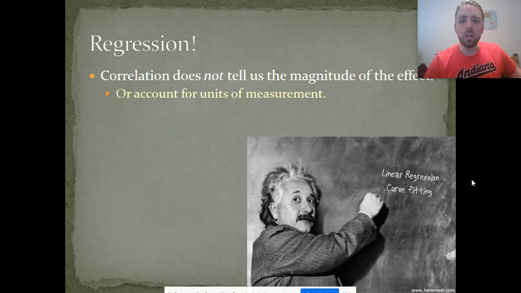Okay, so regression. What is the magnitude of the effect? Okay, well, we can say whether it's a strong or a weak effect, but here's what I mean by magnitude. Pearson's product moment coefficient will tell you, let's say, as years of education increases, there is a strong, positive effect on the income that one makes in a given year.